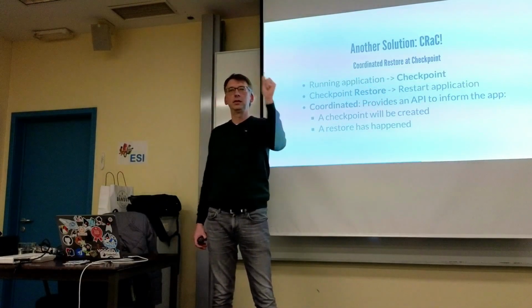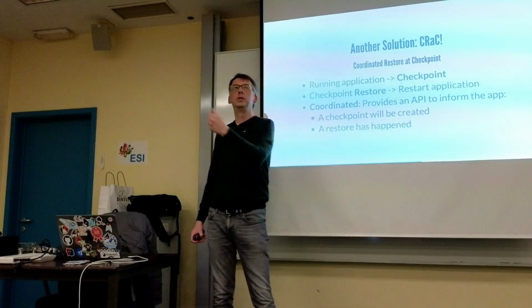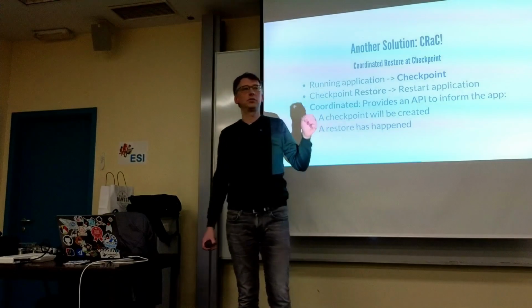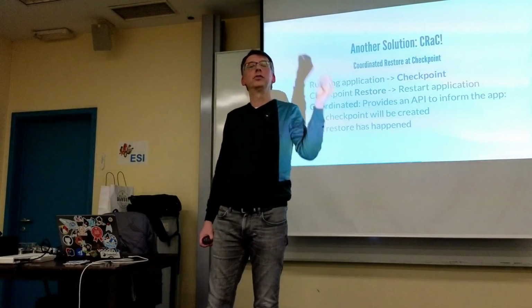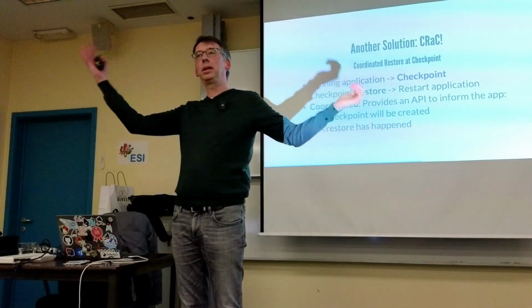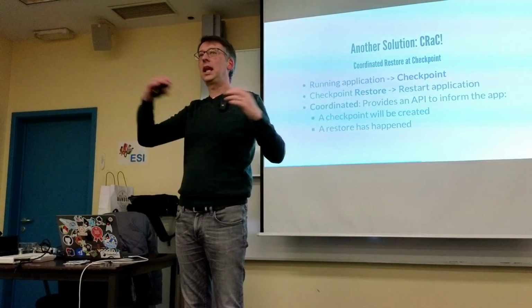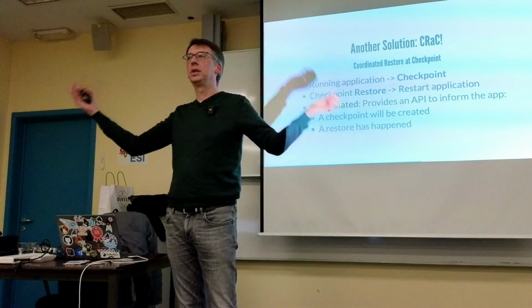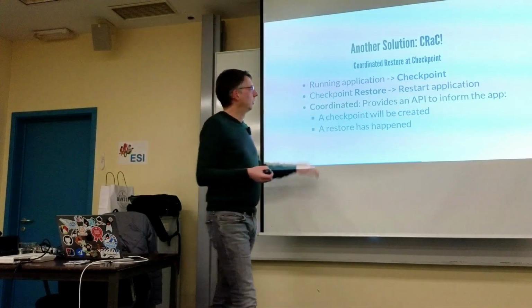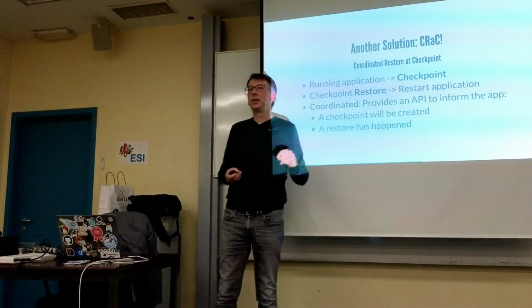So you have then a checkpoint that you can reuse, and you can restore it. You can restart your application from that point on the same machine or on other machines. So if you have a scaling application, you can scale it from that checkpoint and have multiple instances doing the same application. But the coordinated is also very important here.